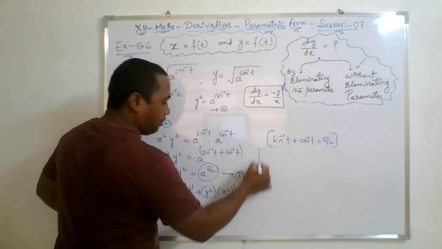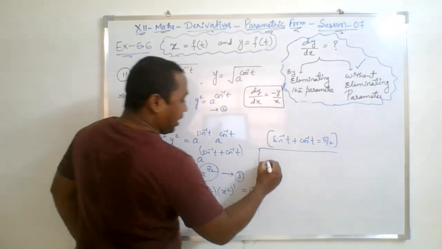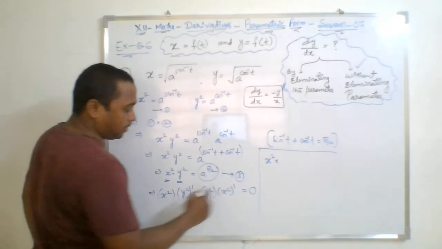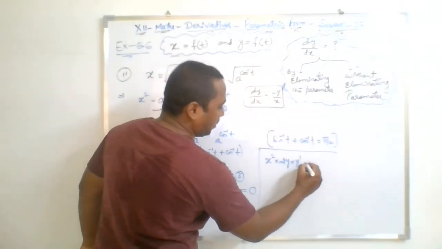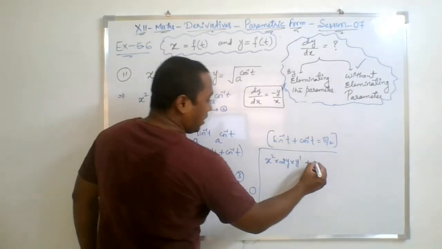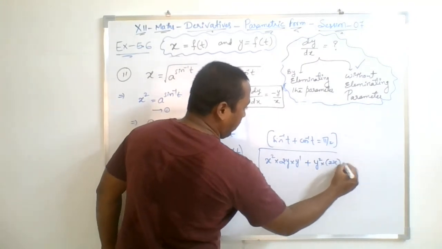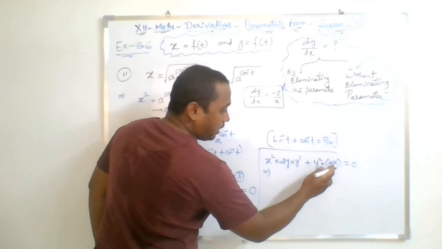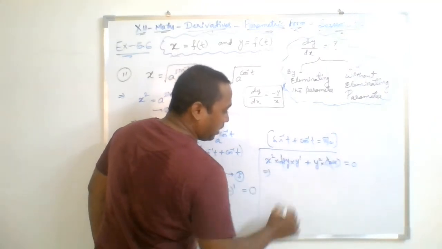So in the next step, x square into the derivative of y square is 2y into y dash, because the derivative of y is y dash, then y square into the derivative of x square is 2x, equal to 0.